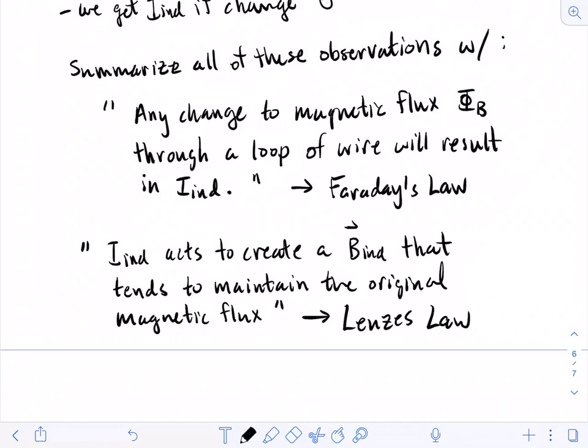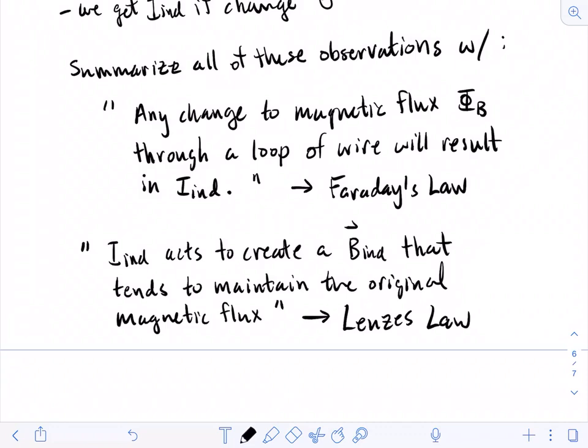So if the flux is decreasing for any reason, either you're decreasing the loop area, you are decreasing the strength of the magnetic field, or you're doing a rotation of the loop that decreases the flux, then the induced magnetic field will be in the direction of the original magnetic field to try to maintain the flux that was there originally.